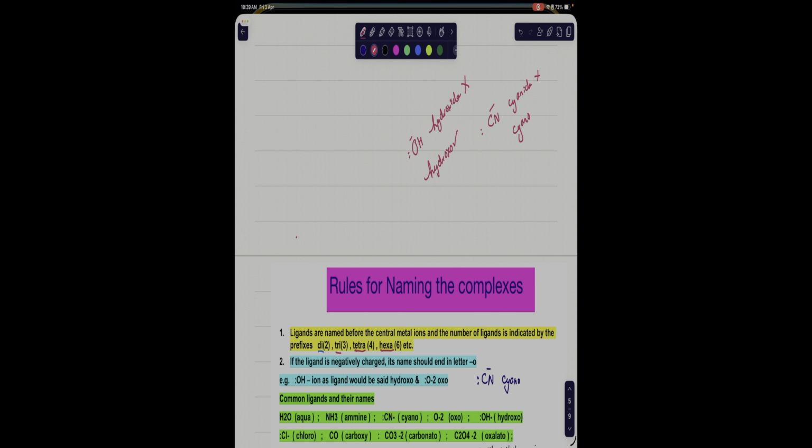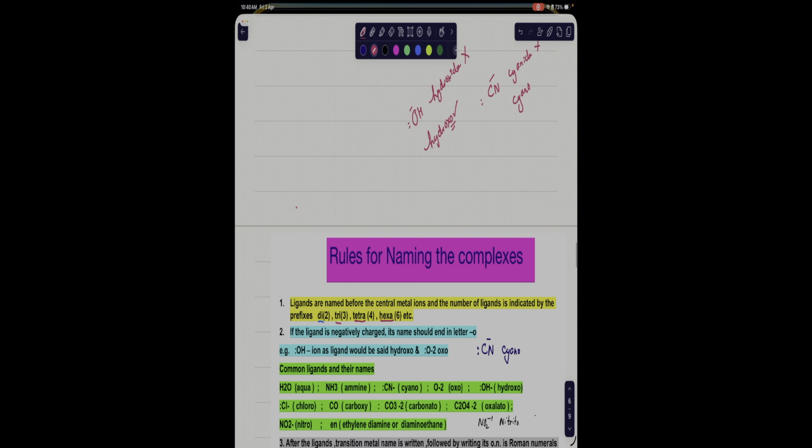Please remember it. Any ligand which has a negative overall charge, the name should end in the letter O. You can see there are common ligands given for you in this list, and all the negatively charged ligands have names ending in O. Like hydroxo, and for oxide it will be called oxo.